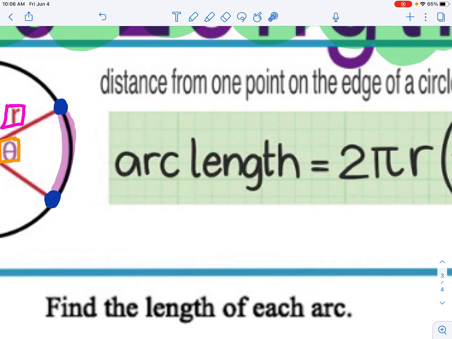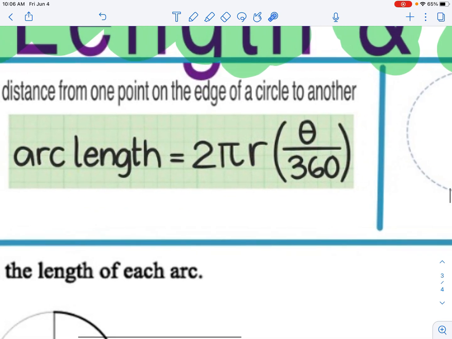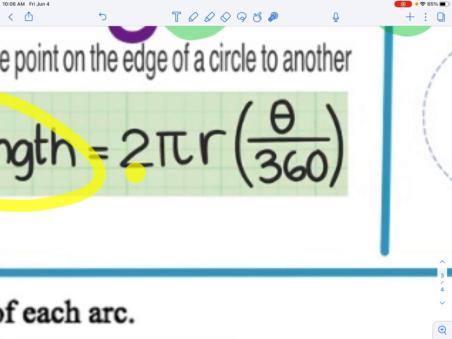So the way we find an arc length, okay, is we are going to multiply. Arc length is equal to 2 times pi times r, right? And the whole thing times theta divided by 360.